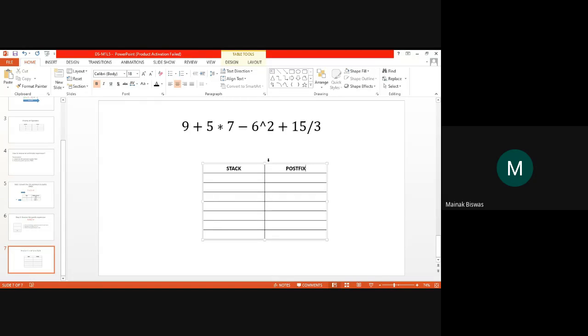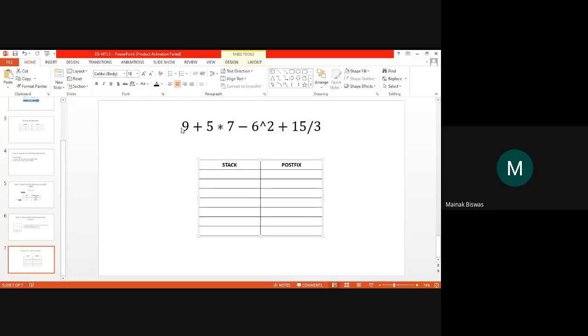We'll perform step one here, that is convert infix to postfix. So this is our infix expression, and we have to convert it into a postfix expression.